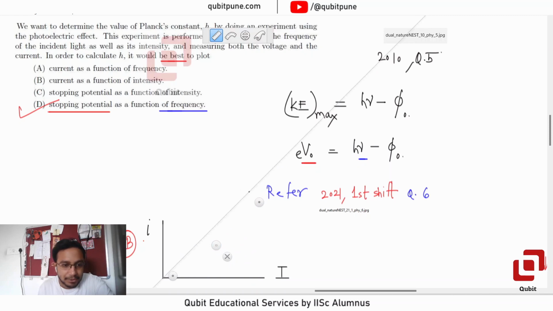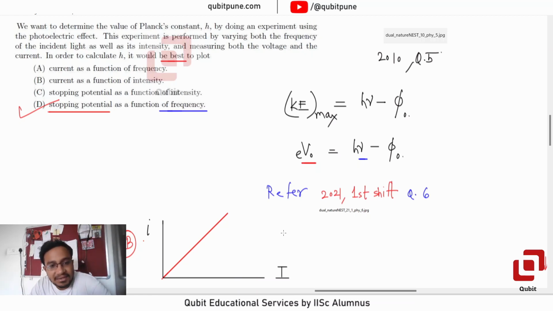In our textbooks they don't specify the slope of this, but we know that current increases linearly with intensity because current tells us the number of photoelectrons coming out per unit time or reaching the collector plate. And why would that be proportional to intensity? Because greater the intensity, greater the number of photons. So B is a linear graph, but we don't know its slope. So B cannot be considered as a trustworthy way to obtain Planck's constant.